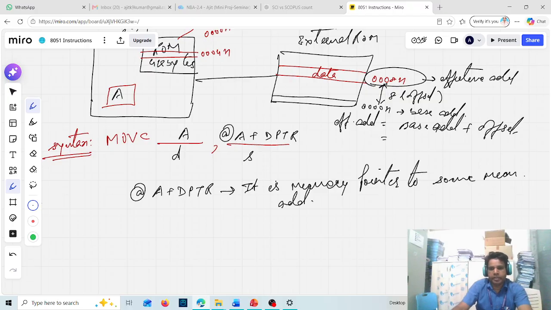The base address is the starting address 000H plus the offset value 8, which will be 0008H. This is the effective address, EA.